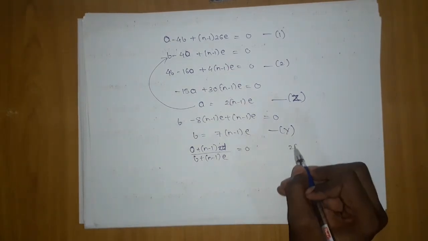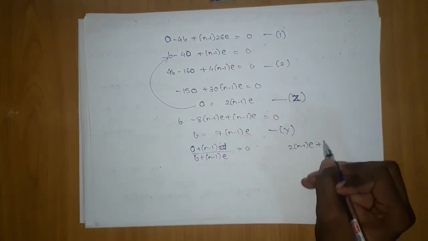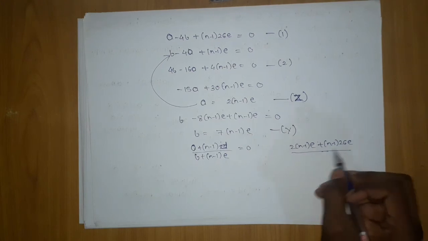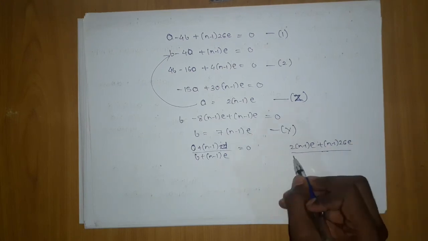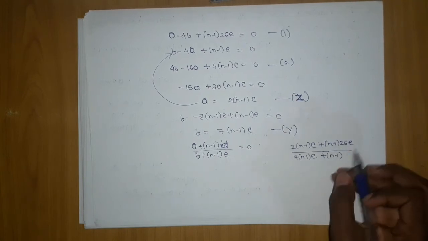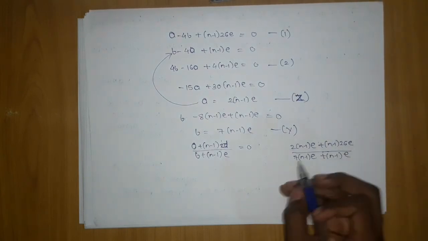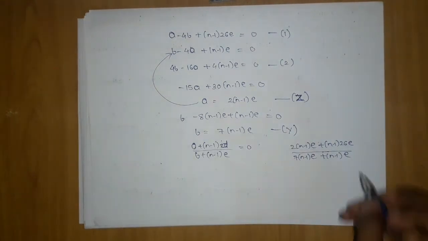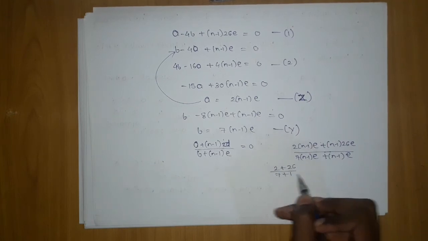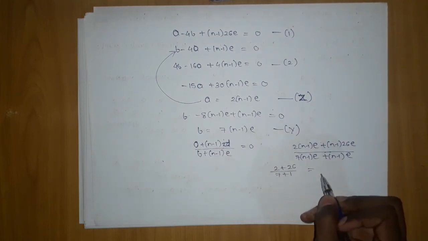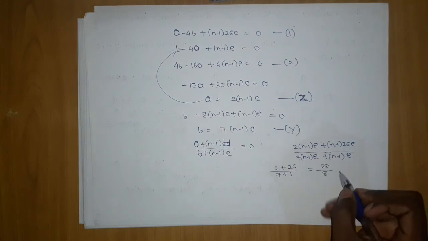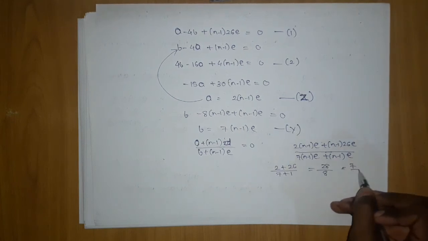For a I can substitute 2(n minus 1)e plus (n minus 1) into 26e, and for b, 7(n minus 1)e plus (n minus 1)e. So in the ratio, (n minus 1)e will automatically get reduced. 2 plus 26 upon 7 plus 1, this is nothing but 28 upon 8, which will be nothing but 7 by 2.